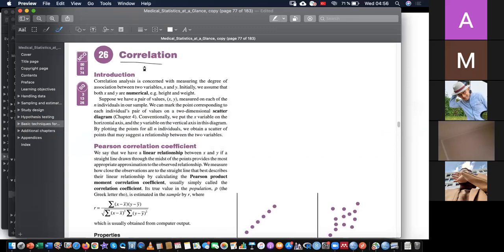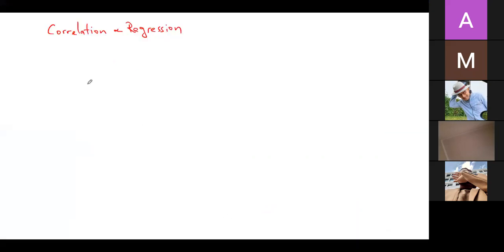I decided to mention correlation and regression in the same session and finish, hopefully, by this way, all our theory classes for this course. So I will start with a graph here.